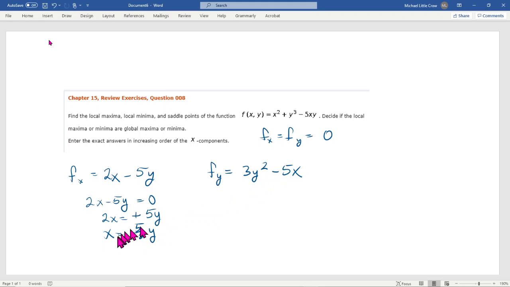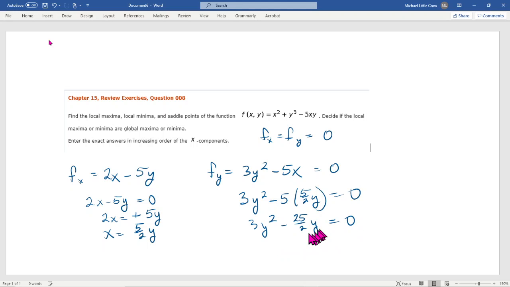What we can do with this now is plug that into this equation. Because this is also equal to 0, right? So that gives us 3y squared minus 5 times 5 halves y. That's what we're plugging in for x, equals 0. That is 25 halves. And the best way to solve when you've got a quadratic equal to 0 is to factor.